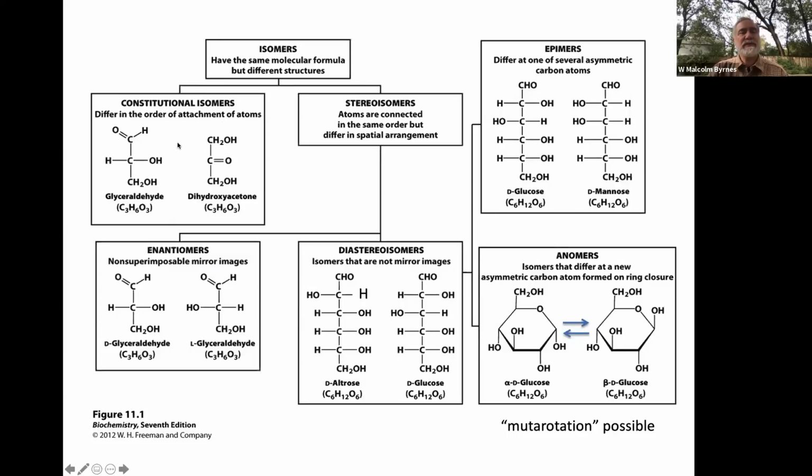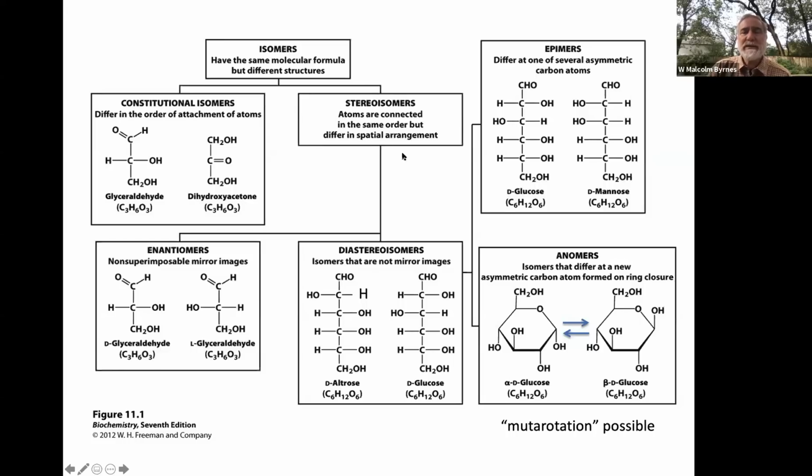So examples of structural isomers are glyceraldehyde and dihydroxyacetone, where you see how the C double bond O is in a different position, right? We have a different connectivity, or the order of attachment of the atoms is different. Constitutional.